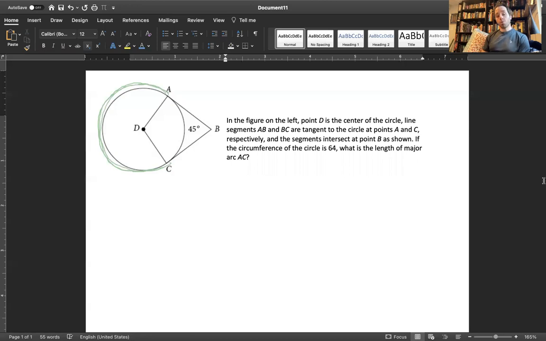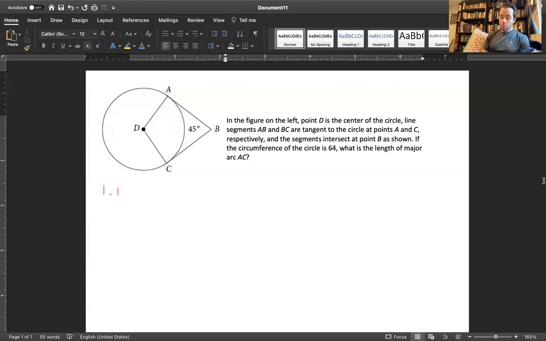To figure out what portion of the circle that is, we have to figure out what the angle is here in the center of the circle, because it's like a pizza. When you cut it, the angle there at D determines how much of the circle is occupied by the minor arc, and the leftovers will be the major arc. So here's what we're going to do.